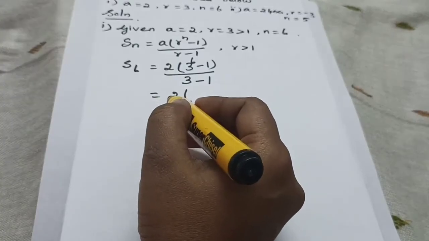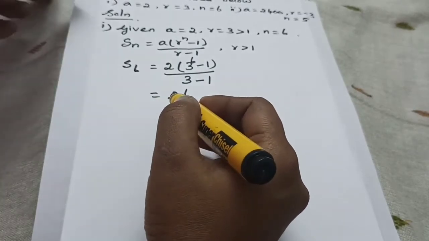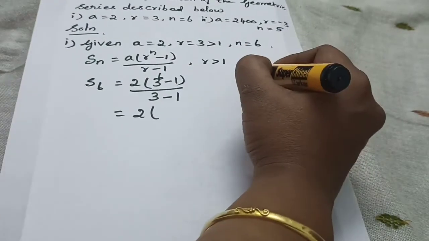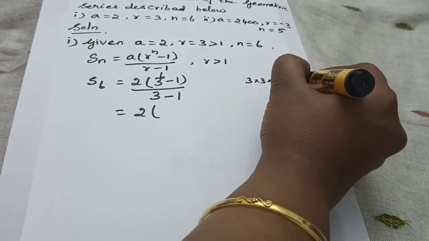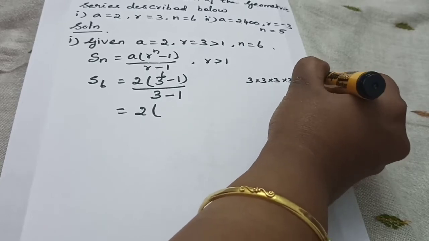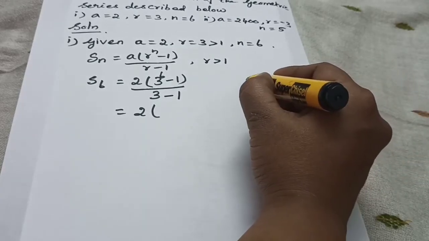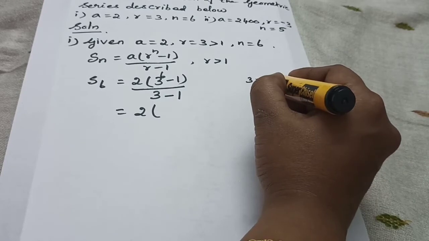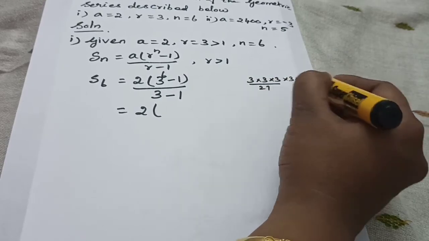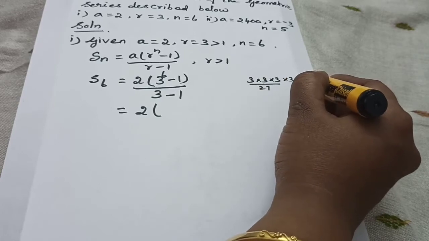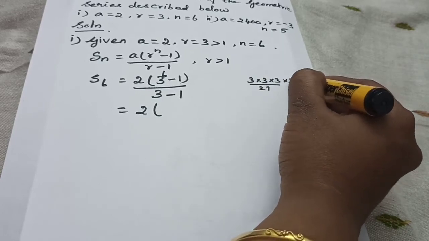Then 6 times we have to multiply: 3 into 3 into 3 into 3 into 3 into 3. 3 3s are 9, 9 3s are 27, isn't it? This one is 27, right? Here 3 3s are 9, 9 3s are 27.